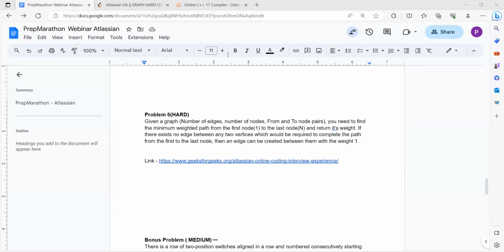Yes, we can add an edge of weight 1 between what? Read the last two lines very carefully. If there exists no edge between any two vertices which are required, then to complete the path, if you need to make an edge between two points, you can add an edge of weight 1.